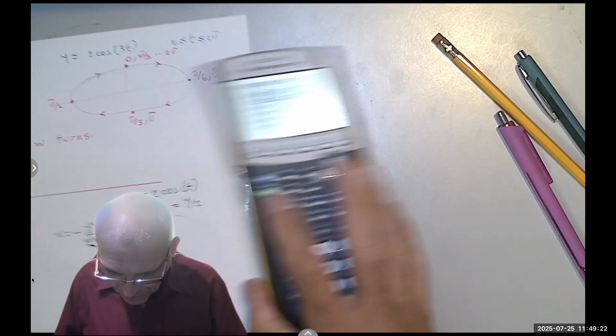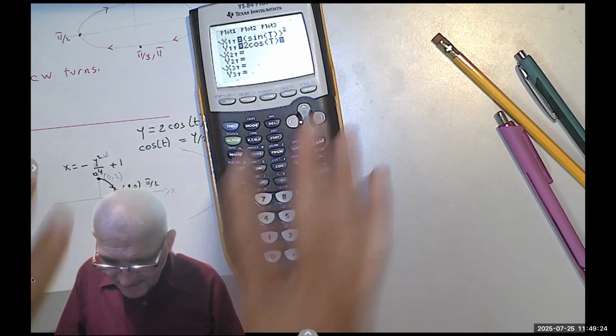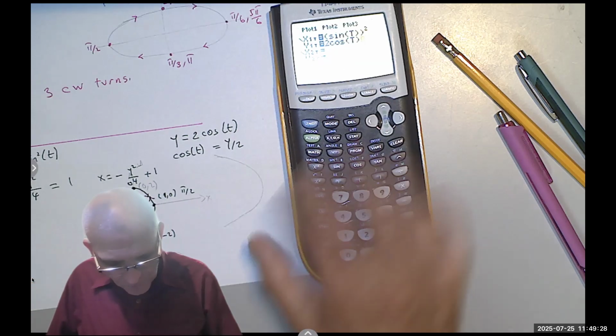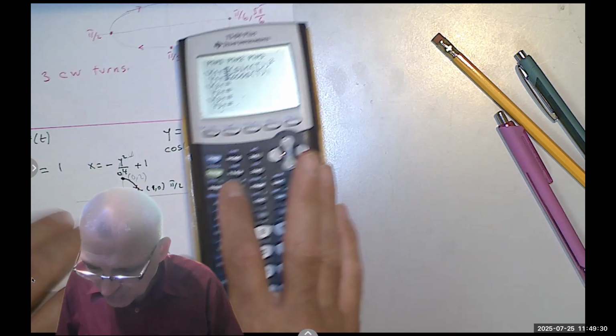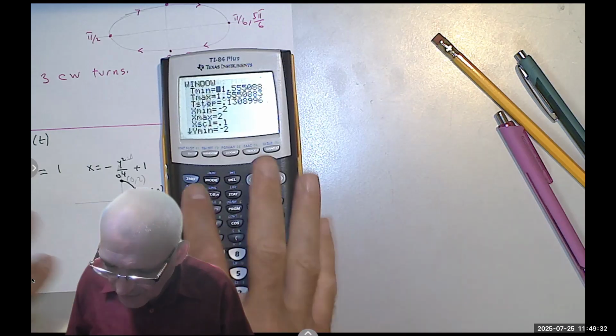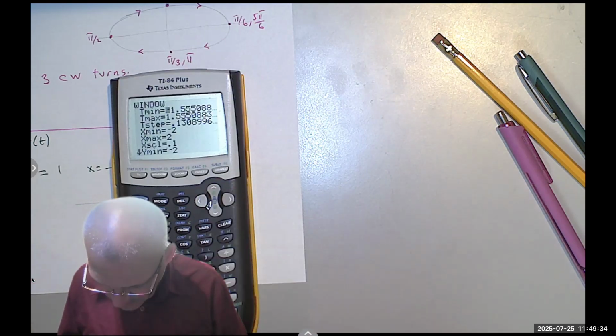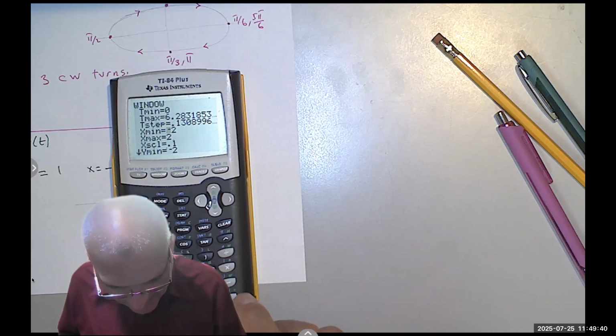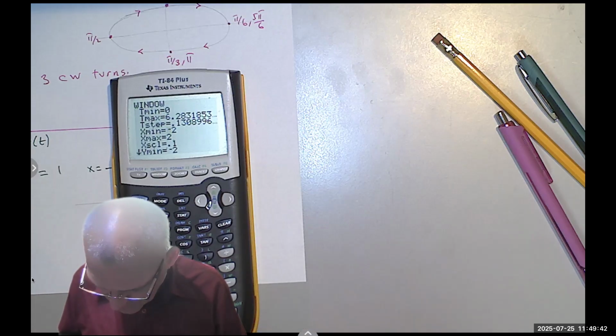Now I know already that the x goes from 0 to 1 and the y from negative 2 to 2. So when I go to window, I'm going to say t minimum is 0, t maximum is 2 pi. My x minimum is 0 and x maximum is 1.